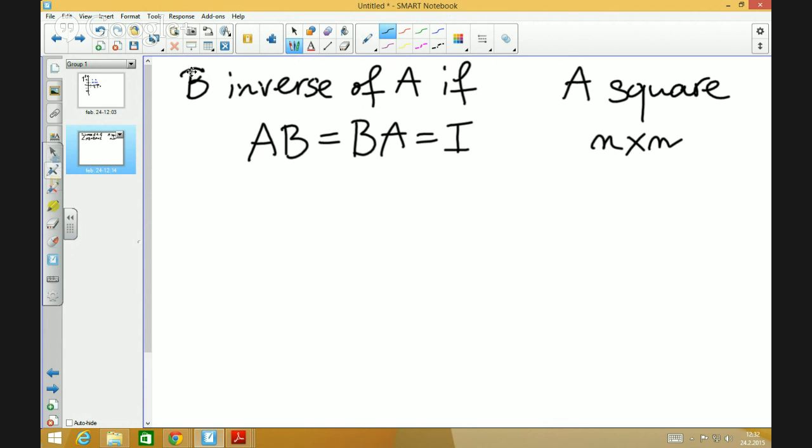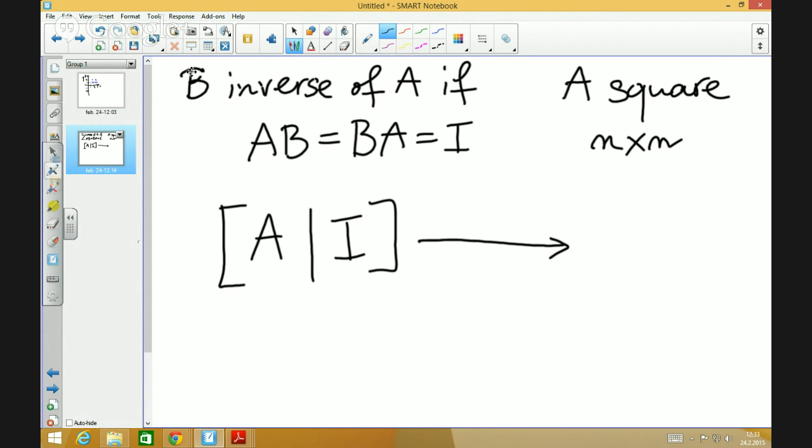Okay, so you want to figure out the inverse of a matrix A, you form an augmented system that starts like this, where I is the identity matrix. Then you use the row operations, and you want to get something like this instead.